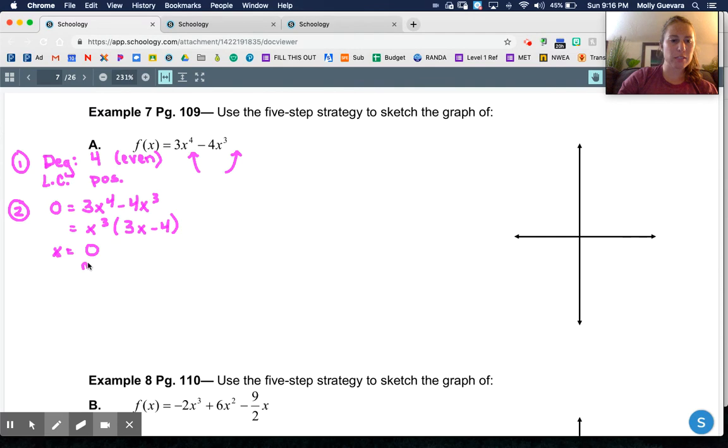And the multiplicity there is 3. If I set this equal to 0 and solve, I get 4/3. And that multiplicity, the exponent up there, is 1. So the multiplicity is 1. And then 3 plus 1 is 4, and the degree is 4. So we're doing good.